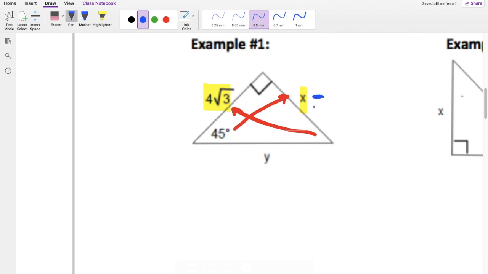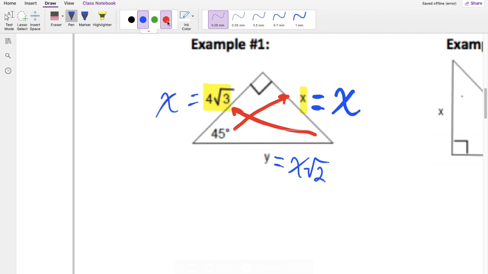I'm going to set these equal to a cursive x, just because x is something you are used to seeing as your variable. So each of these two sides is equal to x. That means that this one down here, if we follow our pattern, is going to be x times the square root of 2. All I need to do is solve for x, and once I know whatever x is, I can then plug it into the other equations.